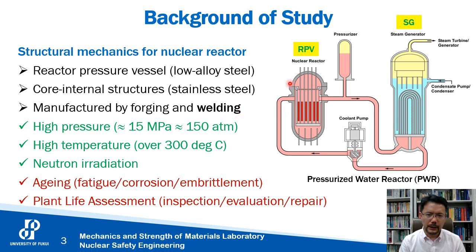So the primary system is subjected to severe conditions, such as high pressure of about 15 megapascal, and high temperature of over 300 degrees C, and also the neutron irradiation from the nuclear fuel.